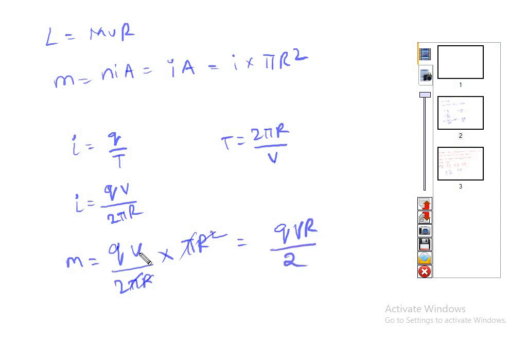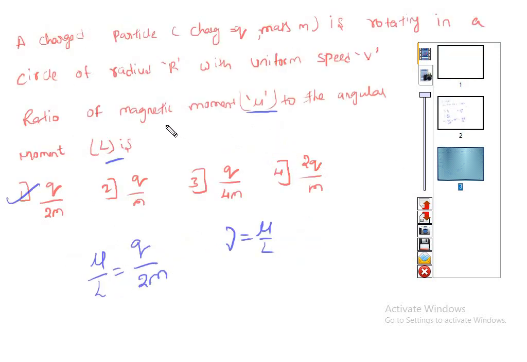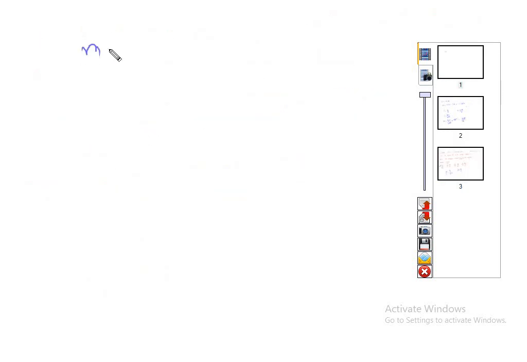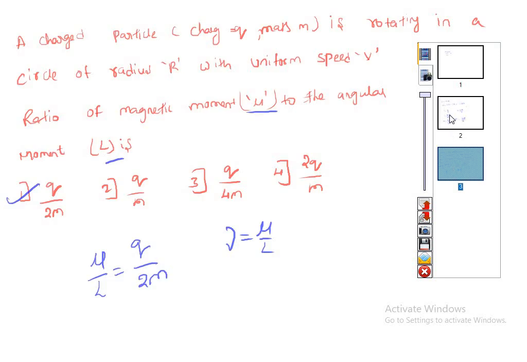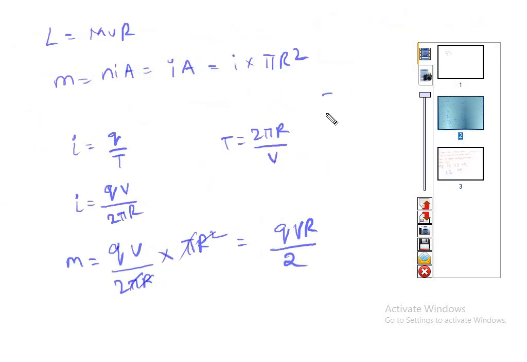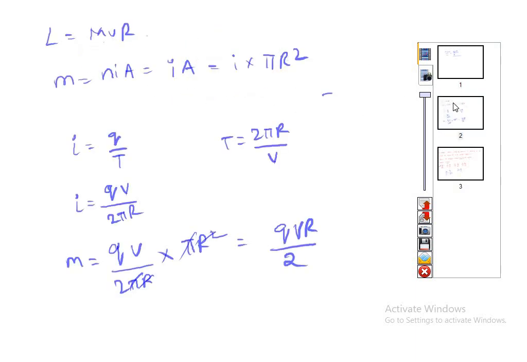So mu you have got, but we want the ratio of mu to L. So the mu to L ratio is equal to qvr by 2 divided by L, with L being mvr.